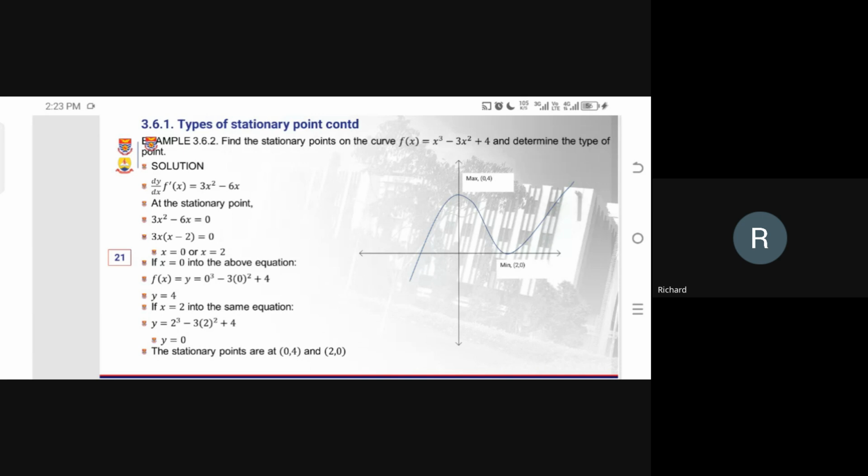So when x is equal to 0, what will be your d squared y over dx squared? After finding your second derivative, we had 6x minus 6.